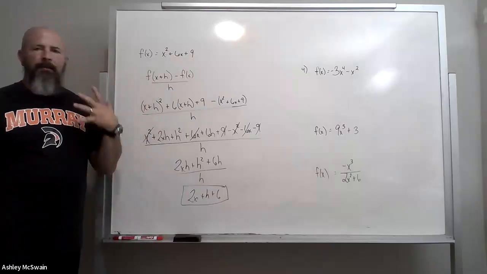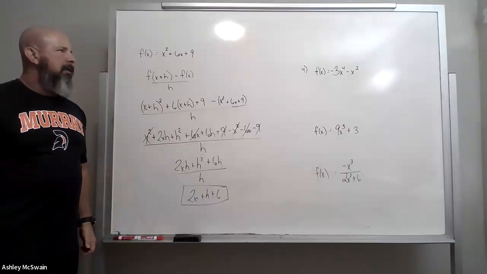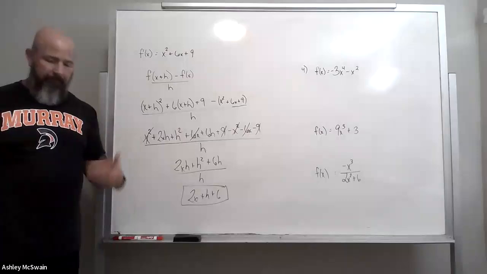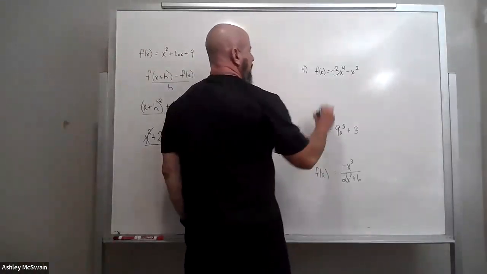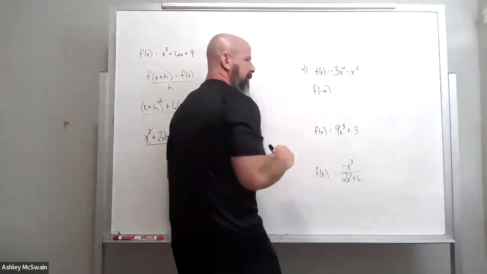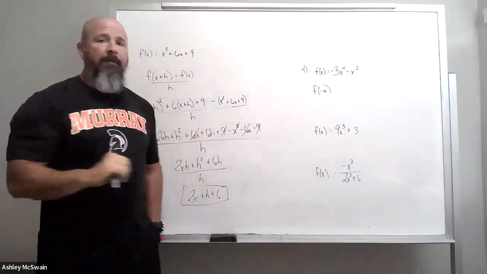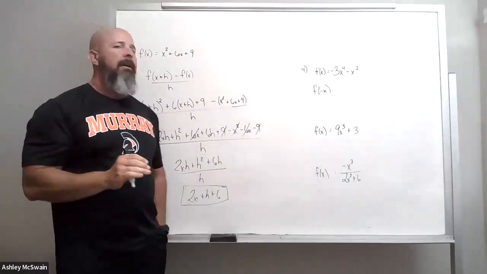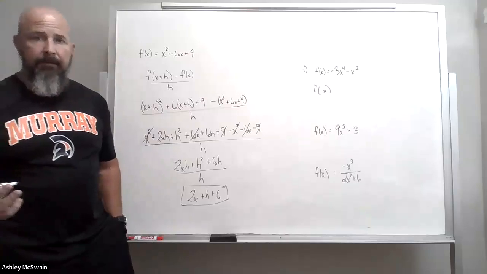This one was asking, are the functions even, odd, or neither, but not giving me any direction in the problem as far as how to figure that out. So, figuring that out, we always found f of negative x. When I'm asked to figure out if an algebraic function, again, without looking at the graph, is even, odd, or neither, I'm going to find f of negative x and see what I come up with.